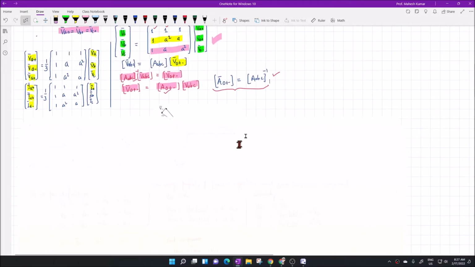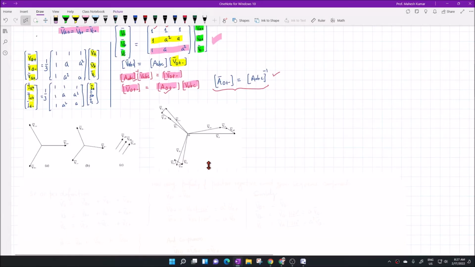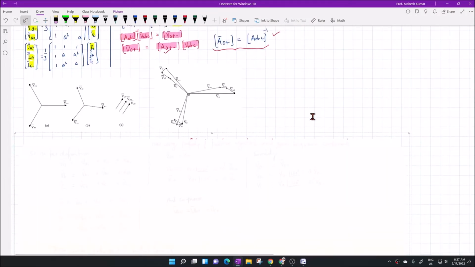Now this is also shown here in terms of phasor notations. For example, there is a three-phase unbalanced system, and that three-phase unbalanced system is resolved into three phasors, in which two are balanced phasors, positive and negative sequence, and the remaining is a co-phasor, the zero sequence component.